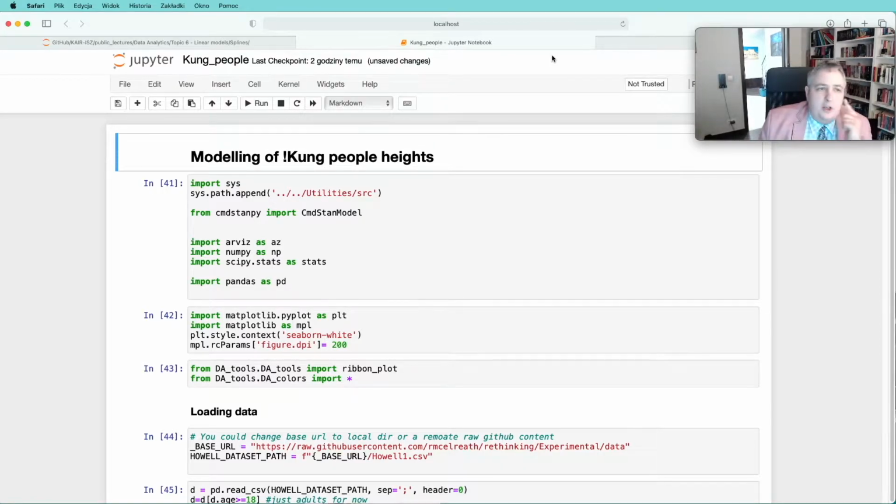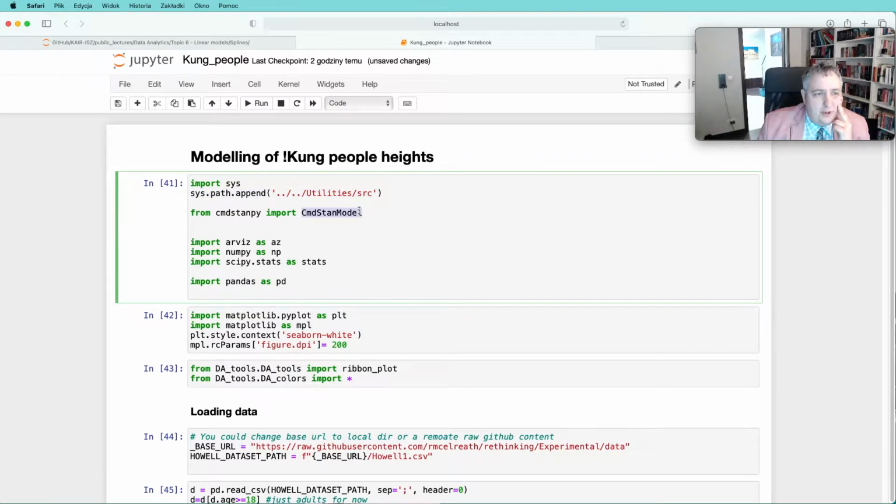We go back to the modeling of Kung people heights. What we did here is again an adapted code from last year with certain changes. It is optimized for CmdStan. It uses my mini package of VDA tools that you can use if you want to. If you don't want to, there's no necessity for that, but it can be useful for some visualization.